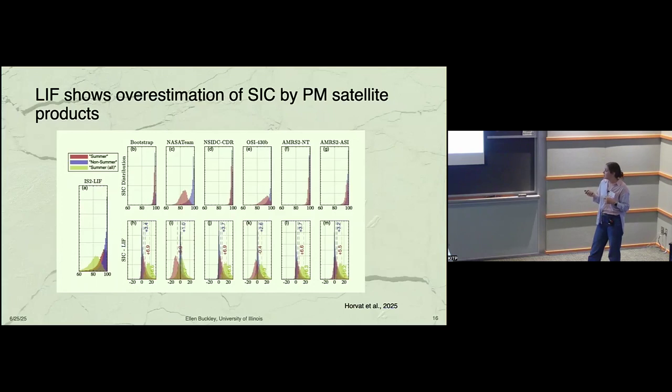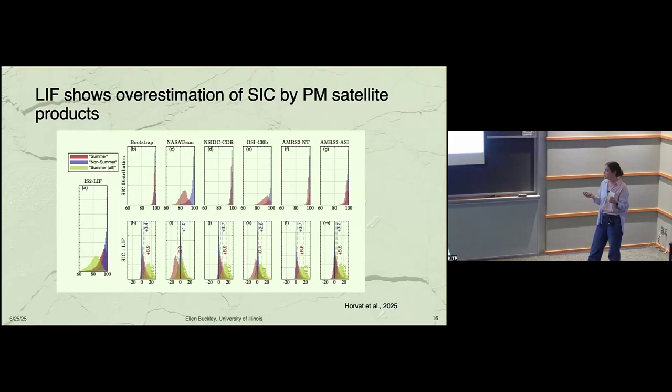But so the ICESat-2 linear ice fraction shows higher sea ice concentrations for winter and a longer tail for summer. And then looking at all of these passive microwave algorithms here, we do the subtraction of passive microwave sea ice concentration minus linear ice fraction, and we do see these are still biased high, very consistent with what we found when we compared the passive microwave data with imagery, right?